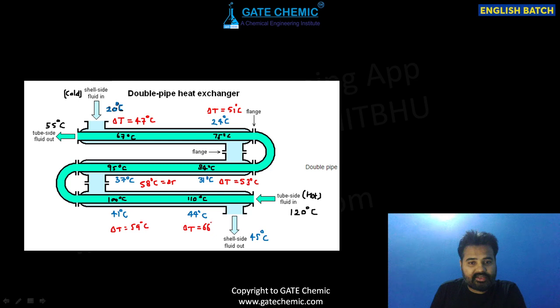It's 66 degrees Celsius. 120 and 45: here delta T is now 75 degrees Celsius.